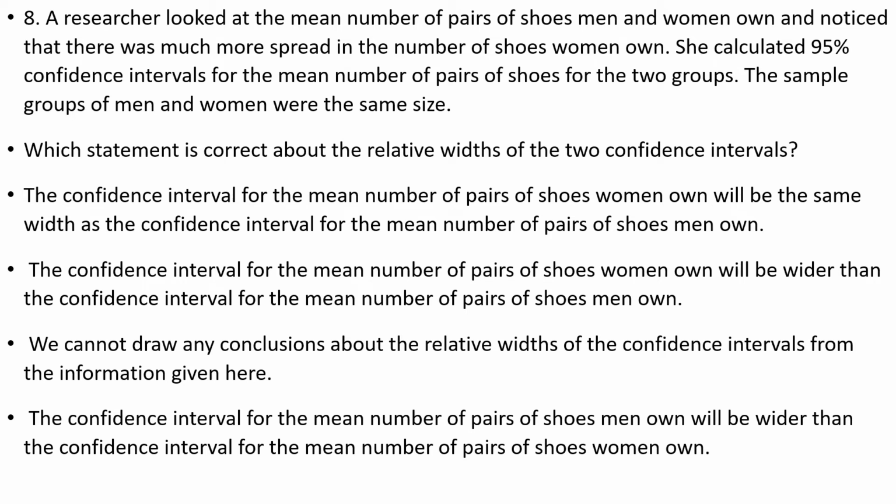Third option, we cannot draw any conclusion about the relative width of the confidence intervals for the information given here. Last option, the confidence interval for the mean number of pairs of shoes men own will be wider than the confidence interval for the mean number of pairs of shoes women own. People, pause the recording, think about it, do it, and only then continue with the recording.